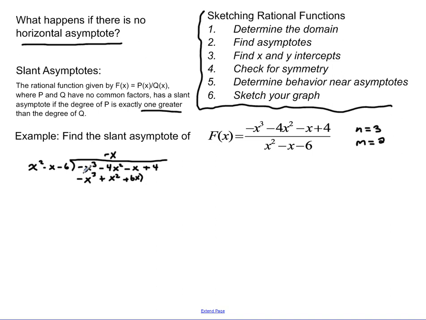So we're going to subtract that away from the line above it. We're going to get negative 5x squared, minus 7x, and plus 4.